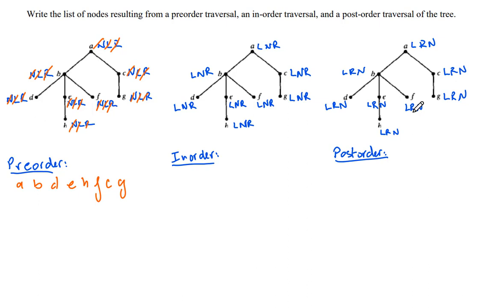And for the in order, the same way, you're going to write left, node, right. So let's go all the way left, then copy D, copy B, go to one of the rights, there is more than one right, and then it says go left.